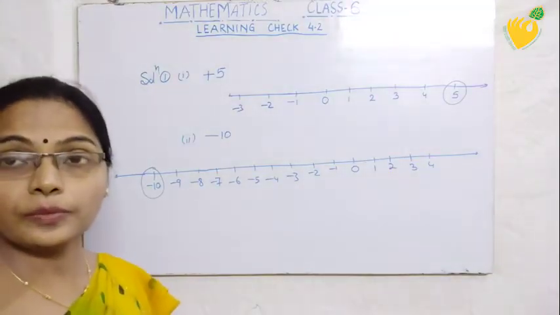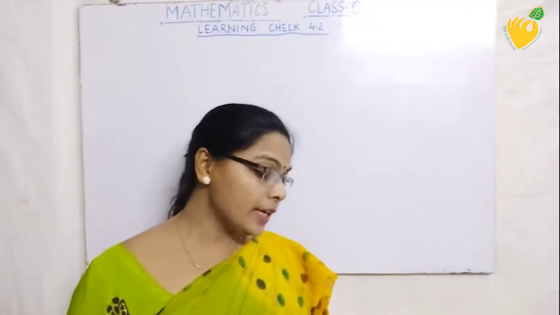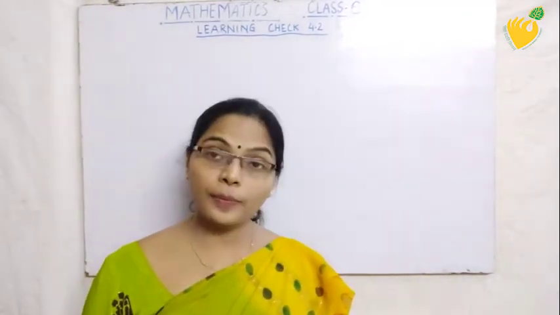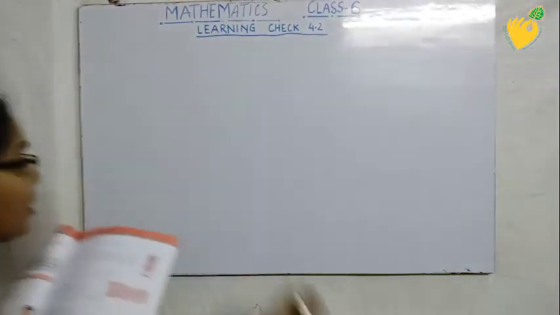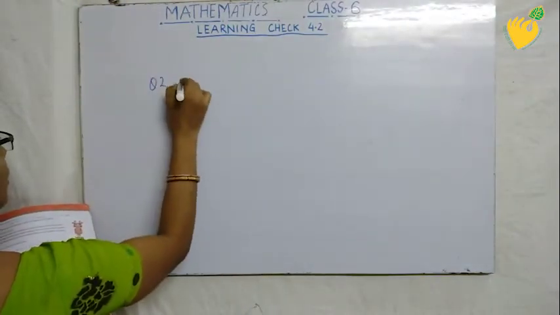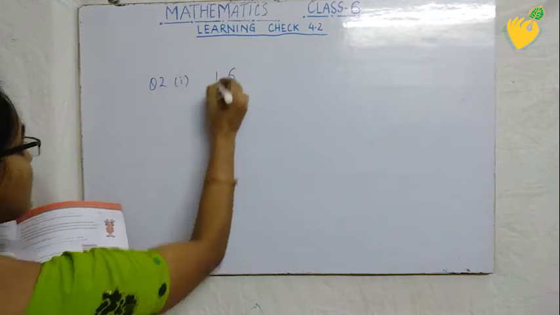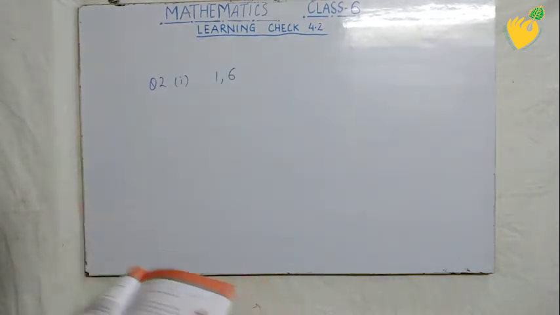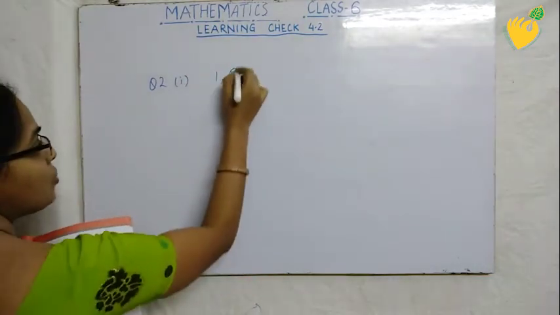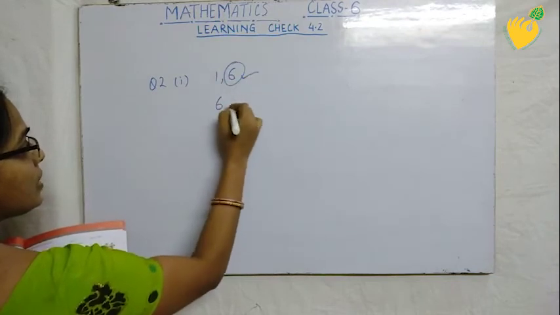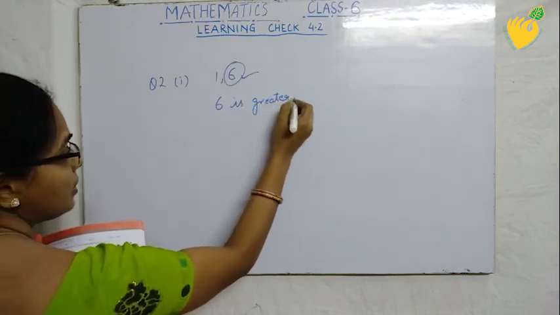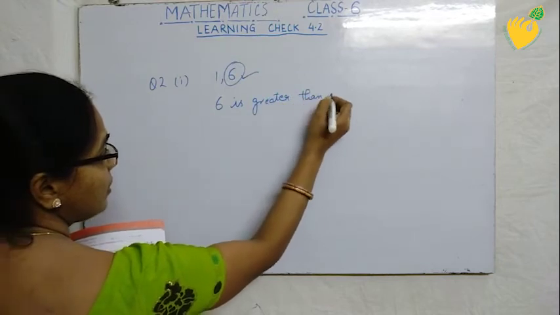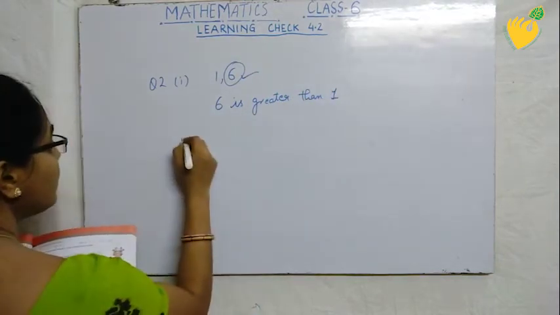Now let's see question number 2. Locate the larger integer in each of the following pairs of integers. Few pairs are given to you, students. The first pair is 1 and 6. You have to tell which one is the greater one. So you can say 6 is greater than 1.